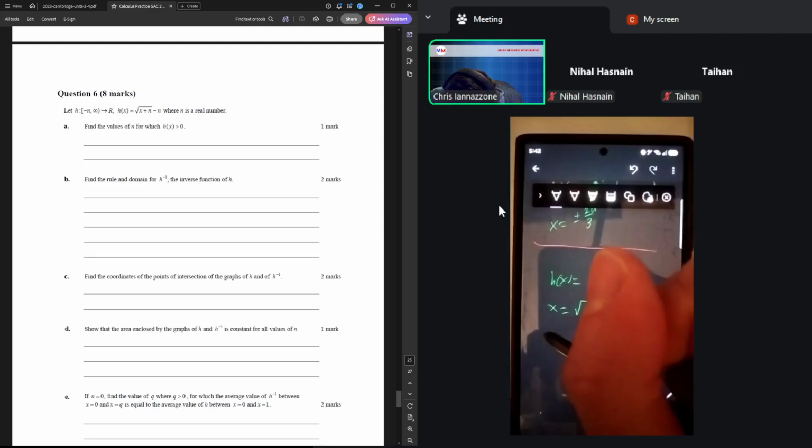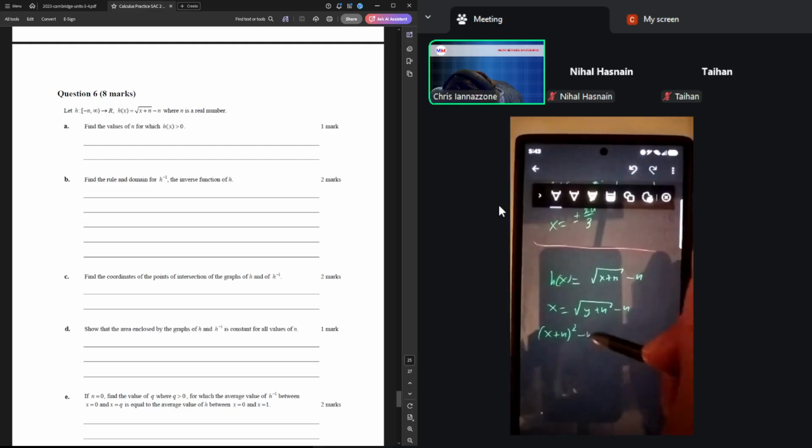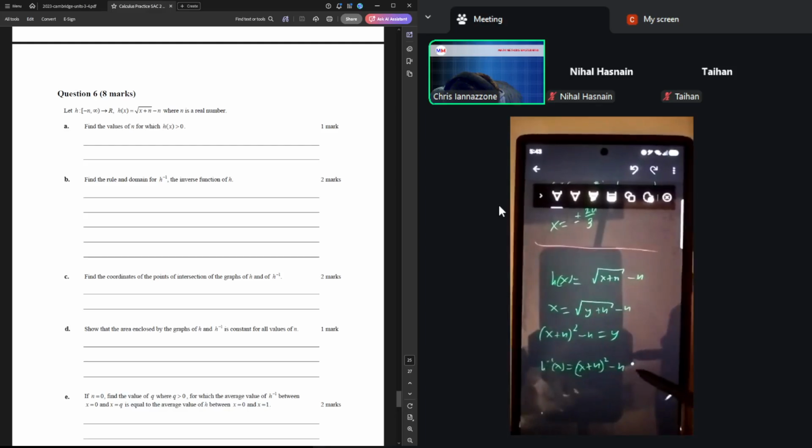So in this case you're going to have (x plus n) all squared minus n equals y. Therefore, I guess you'd call this h inverse to match up with the question. h inverse of x is equal to (x plus n) all squared minus n.